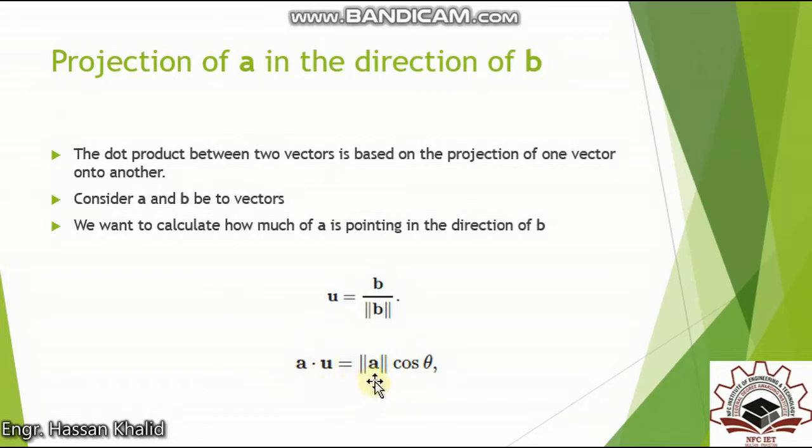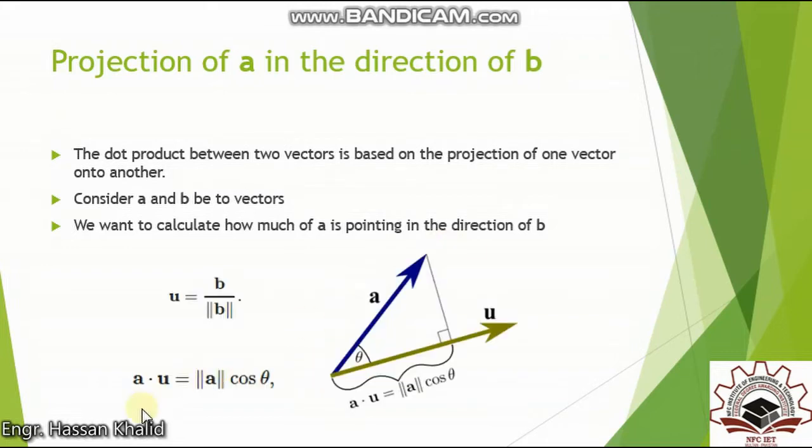A dot u is equal to the magnitude of the A vector multiplied by the cos of theta, because the unit length measurement, if you take the magnitude once again, it will be just 1. Now here theta is the angle between these two vectors A and u, and this is the illustration in which we can find the projection of A on u.